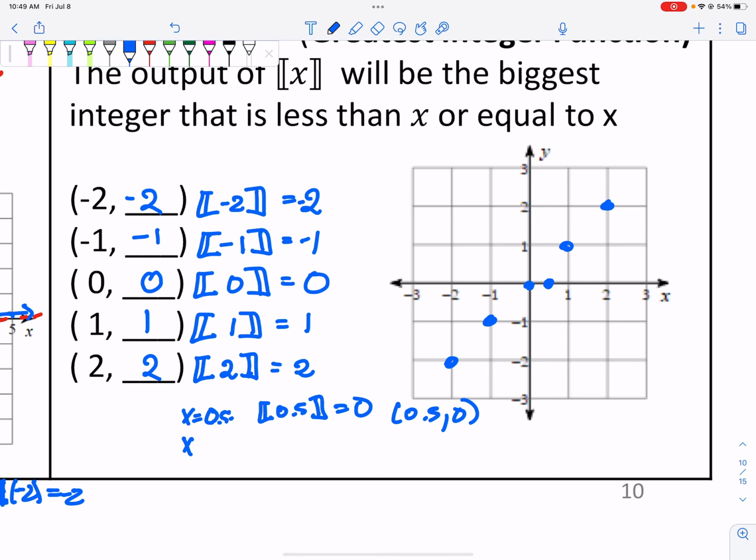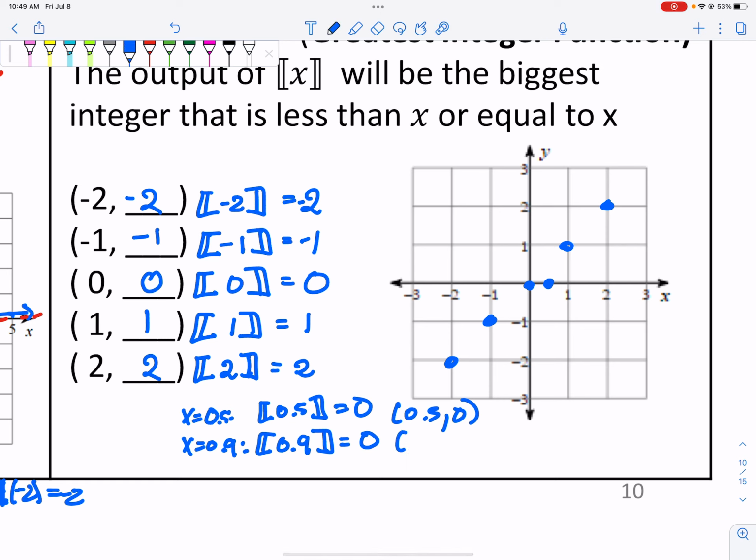Let's say x equals 0.9. The greatest integer that is less than or equal to 0.9. So we want the integer to be very, very close to 0.9, but it has to be less than or equal to 0.9. So the integer has to be 0. It can't be 1 because 1 would be bigger and not less than or equal to.